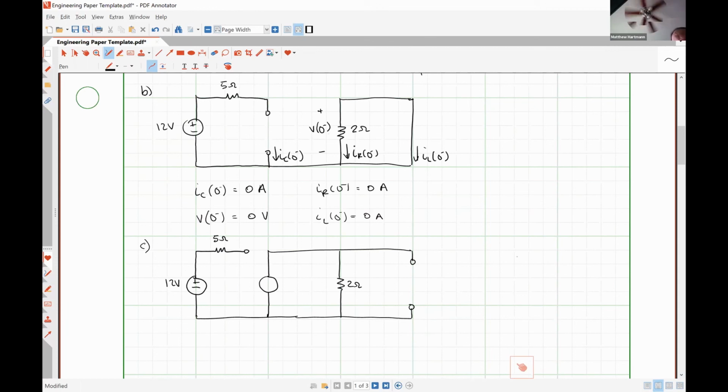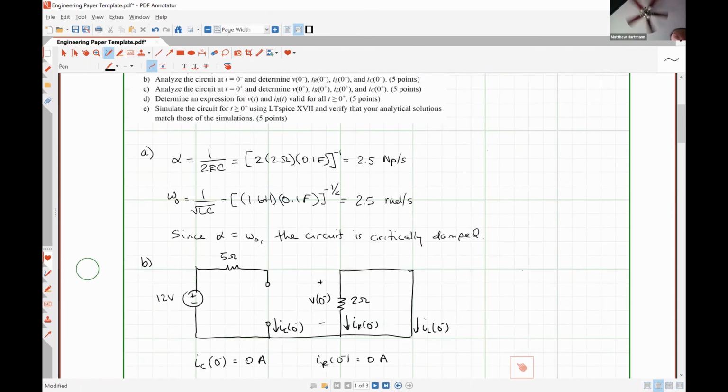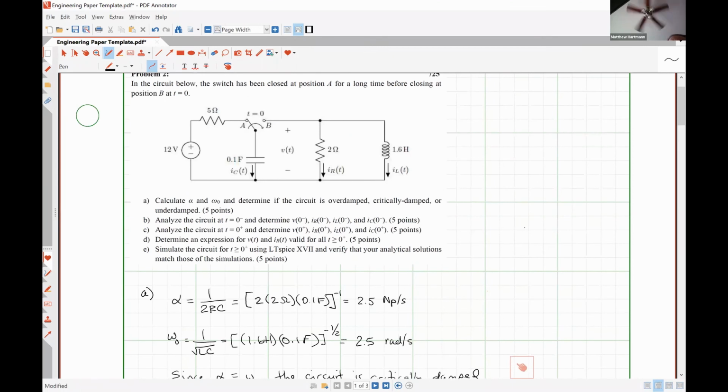So let's look back up here and make sure that we haven't made a mistake about how V is defined. No. So V is defined as the potential difference between this node and this node, right? So V is the voltage drop over the resistor.